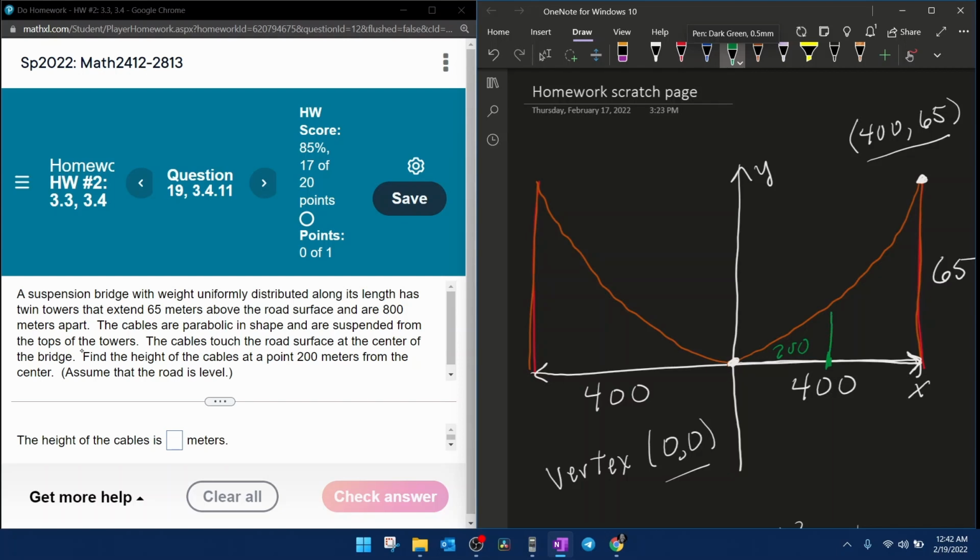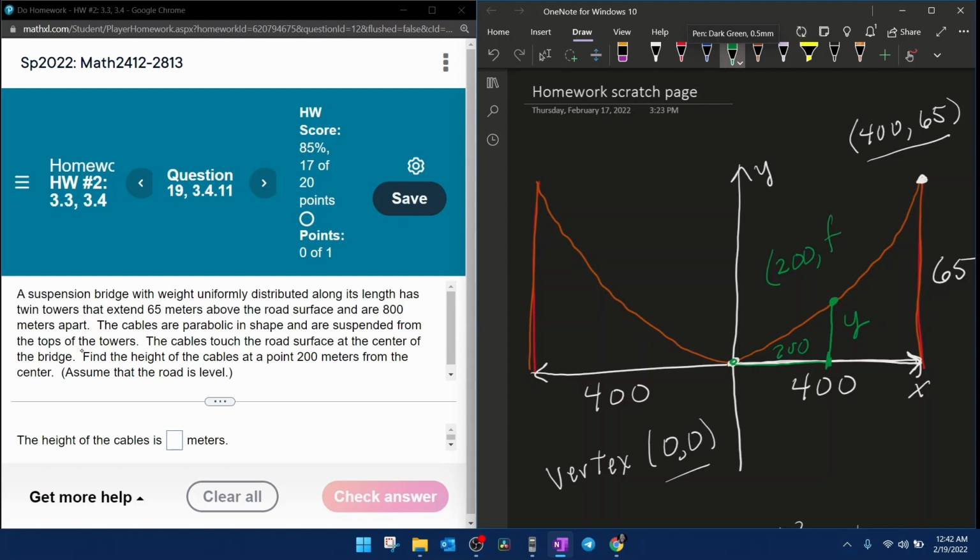And then if we go straight up to the cable, that would be the y coordinate of this ordered pair having an x coordinate of 200. Do you see that? If I go from the center over 200, that is an x value of 200.